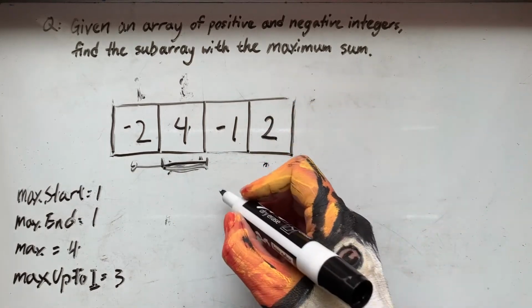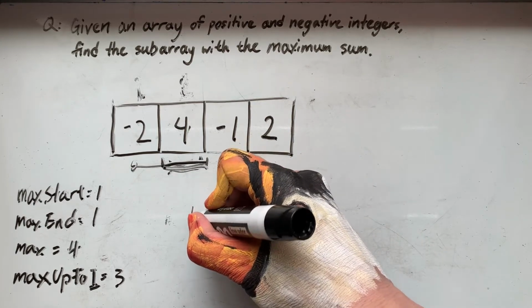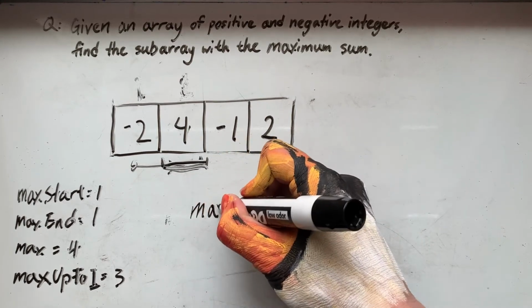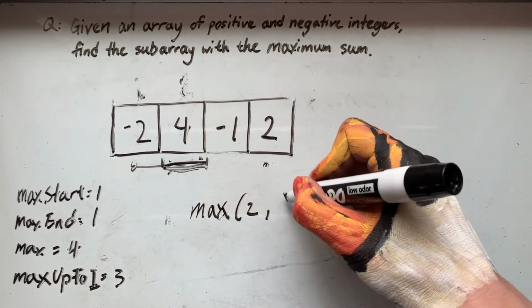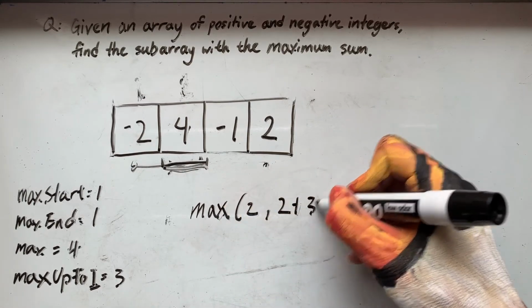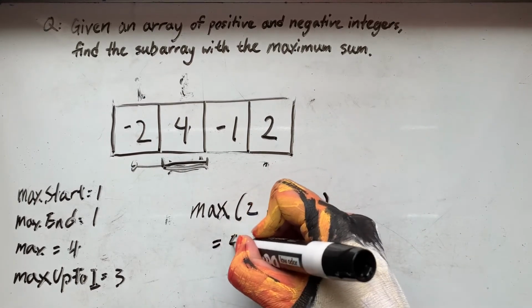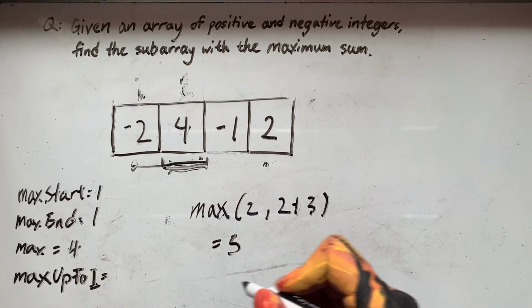which will give us 2. And we want to find the max of 2, and 2 plus 3, so that's 5. So max up to I is now 5.